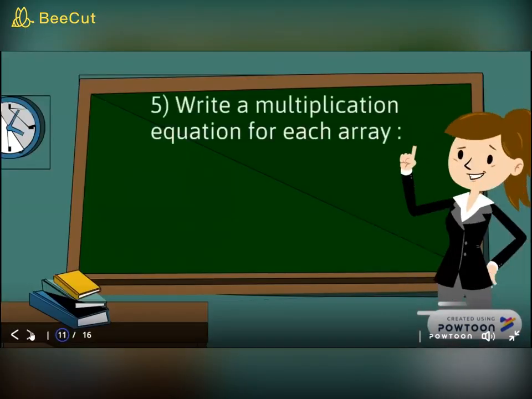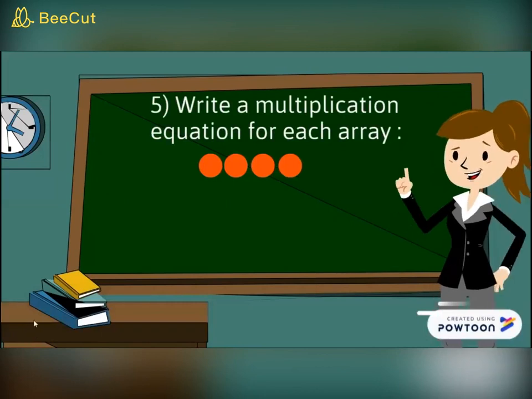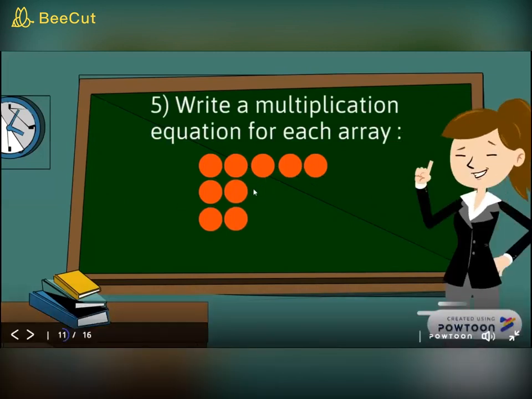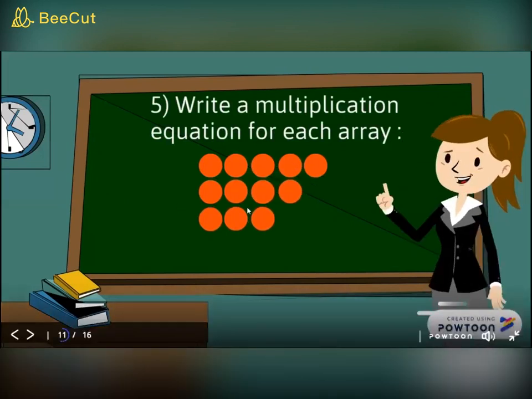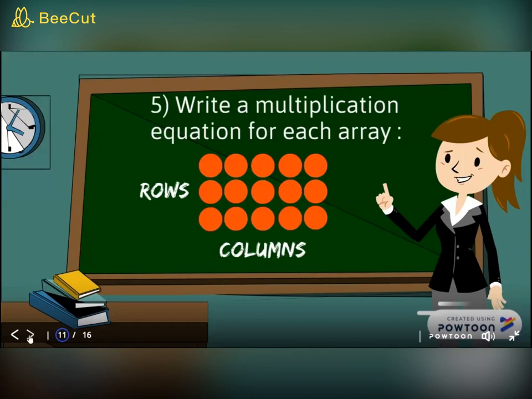Problem number 5. He wants us here to write a multiplication equation for this array. How many rows and how many columns? It's so easy, the same way. I have here 3 rows and 1, 2, 3, 4, 5 columns.